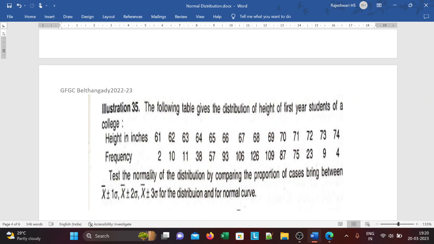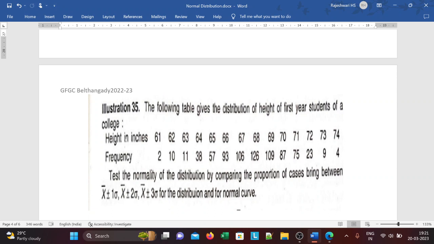So test the normality of the distribution by comparing the proportion of cases between x bar plus or minus 1 standard deviation, x bar plus or minus 2 standard deviation, x bar plus or minus 3 standard deviation for the distribution of a normal curve. So of course, that means fitting a normal curve.